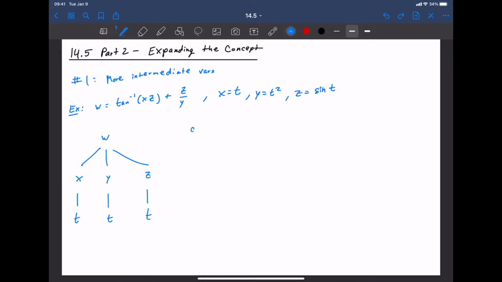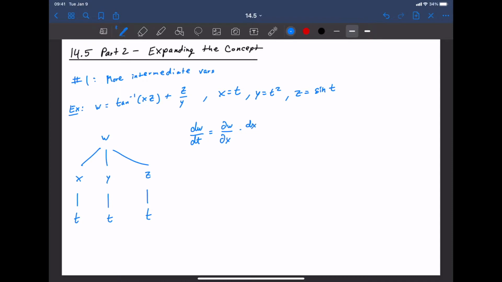Well, what it says is that the derivative of W with respect to just time, there'd be 3 paths to watch out for. There'd be the path contribution from X, which would go dW dx. How much does that change in X contribute?